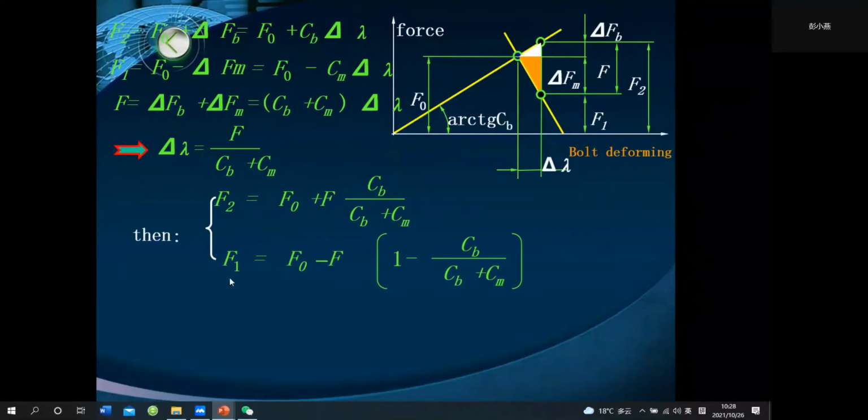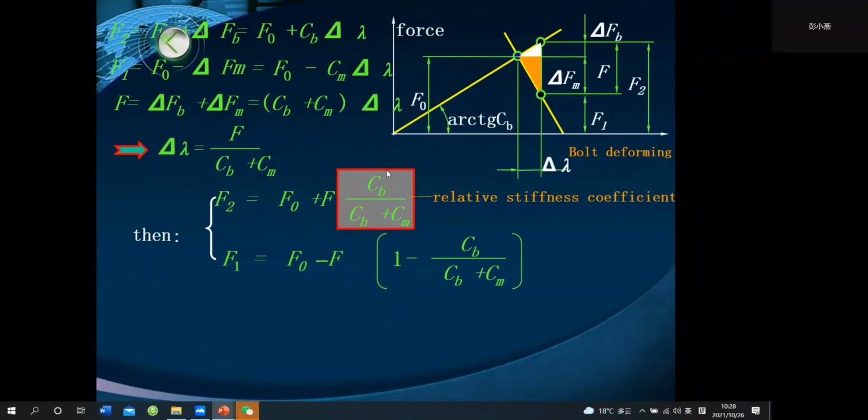And then the force acting on the member is F0 minus F times this.